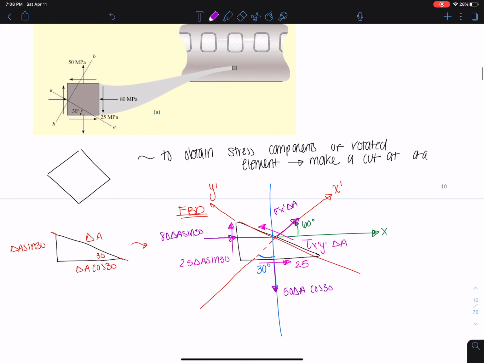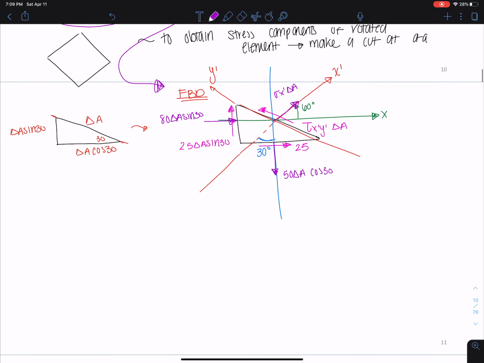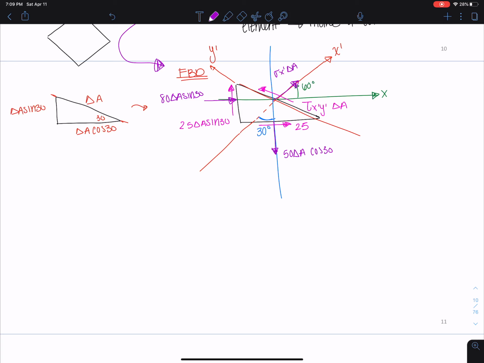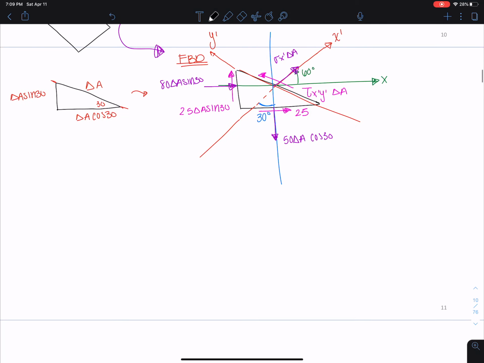So what I'm doing is I'm just taking everything from here and rotating it that 30 degrees and now putting it in components. So you see the 25 doesn't change, just because I already had that same shear stress on the bottom right there. Okay, so now we're going to use equilibrium to solve for this. And you can see how messy this already looks, but let's start.